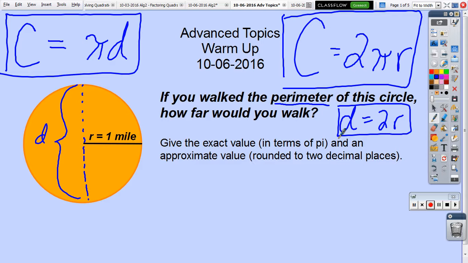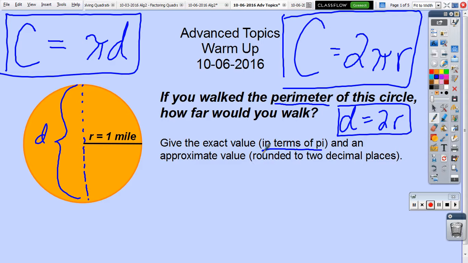Okay, so what would the answer be? If I want the exact value in terms of pi, the first part, what would it be? No. I want the exact value in terms of pi. I don't want a rounded decimal. How do you get it?